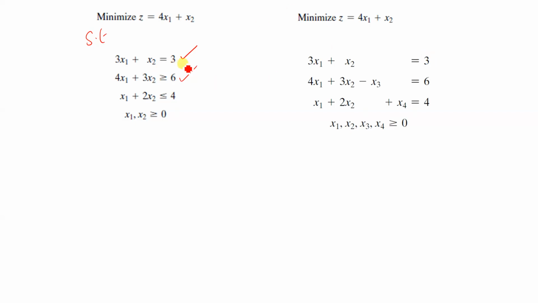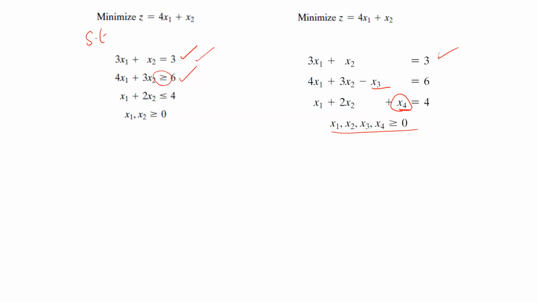The first is an equation, so it remains as it is. Second is the inequality of the greater-equal type, so we have to subtract a surplus variable, which is x3 in this case. In the third, we have to add a slack variable to obtain an equation, and that slack variable is x4, and all the variables are non-negative. This is the non-negativity condition.